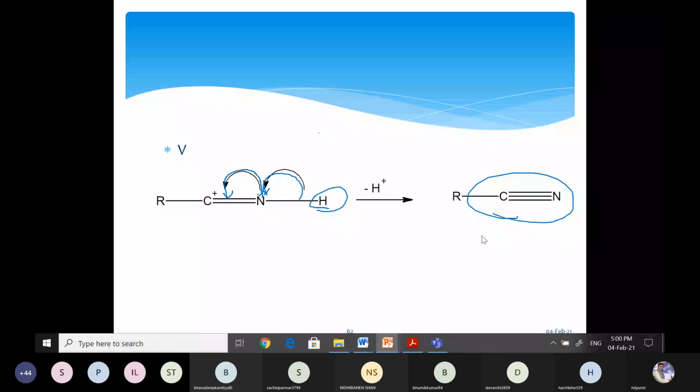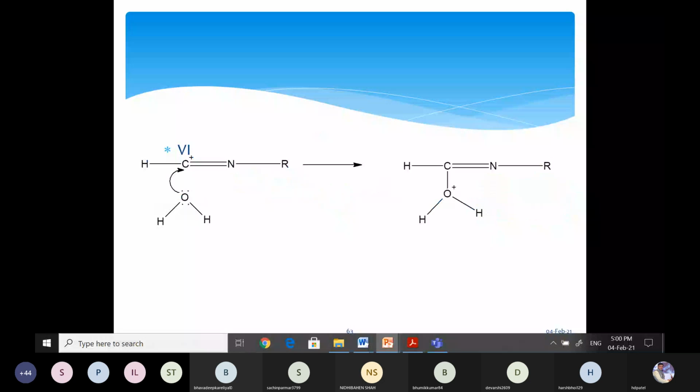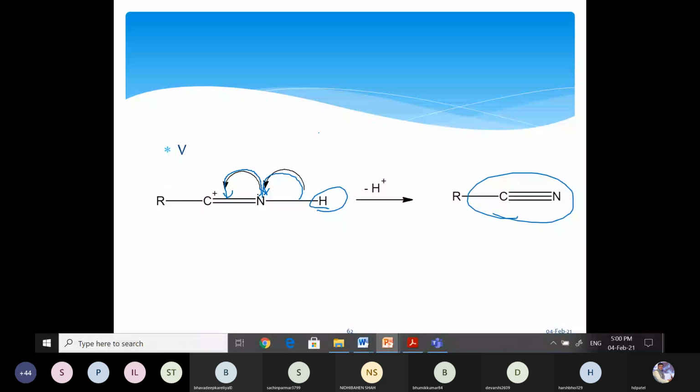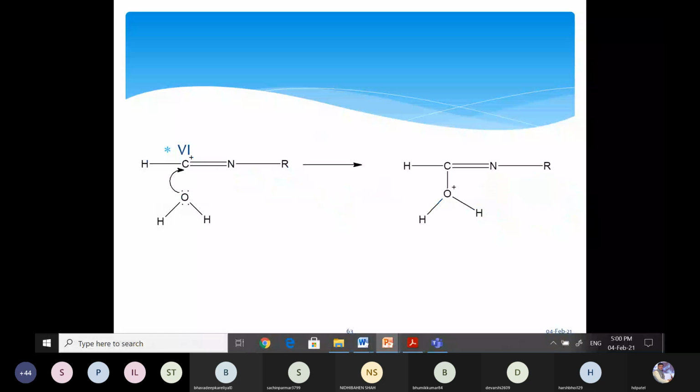So I think it is clear to everyone how nitrile will form. And the last one is called the formyl product, meaning if R migrates, then what happens? If R migrates, then we have H, C plus double bond N, R, which reacts with water and converts into OH2 plus first.